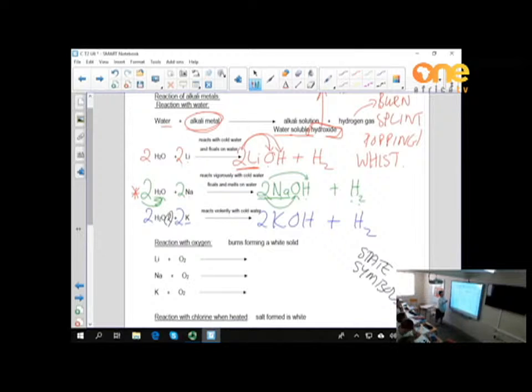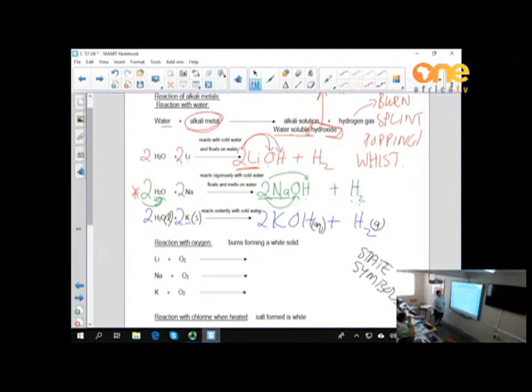Potassium is a solid. This thing is going to be aq because it's water soluble. And this one is going to be a gas. All right, state symbols. If the question says, write a balanced equation, include state symbols, then you must.